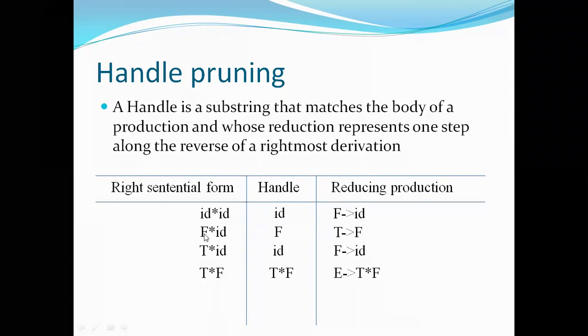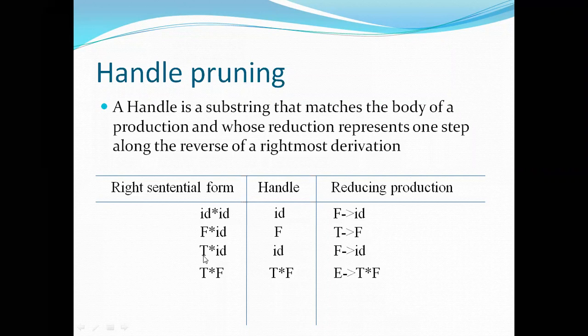And F, is there any production in the right hand side? In the previous example, F is production with open brace, capital E, closing brace, or ID. So that is the production. So here in this F, we are taking it as the substring. So that is placed in handle, and T is production with F, and so T star ID.